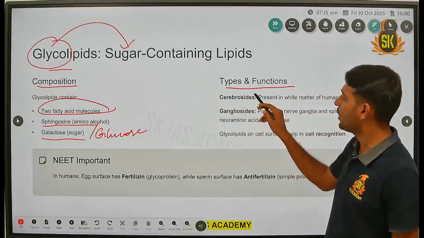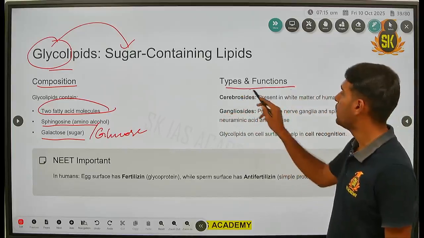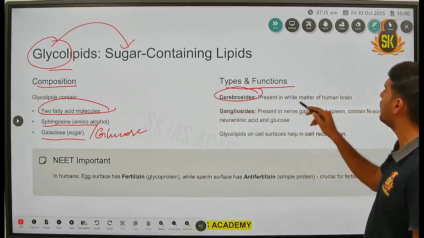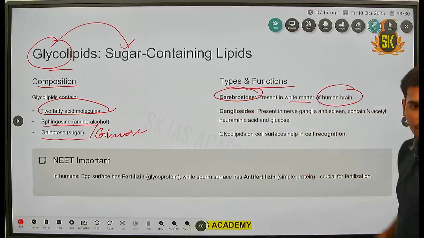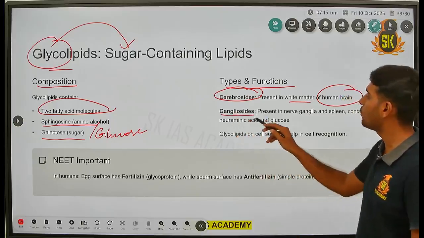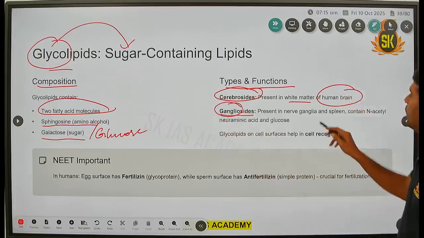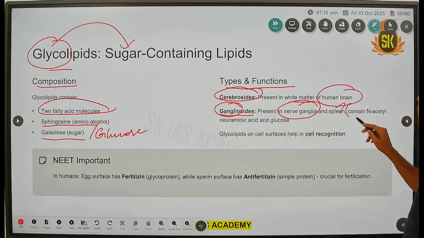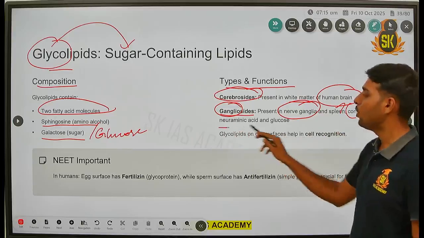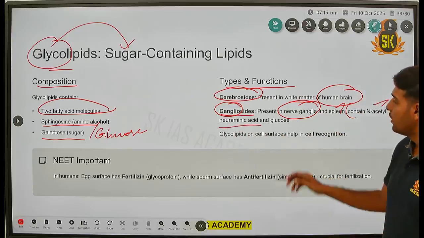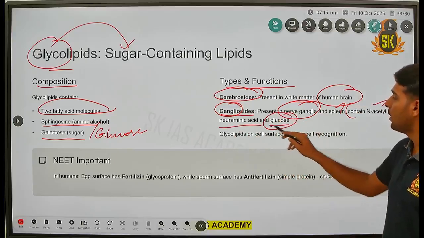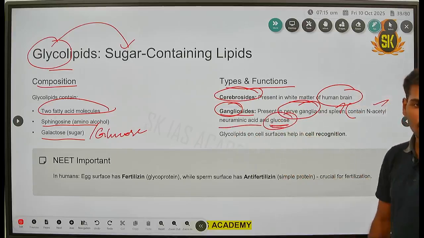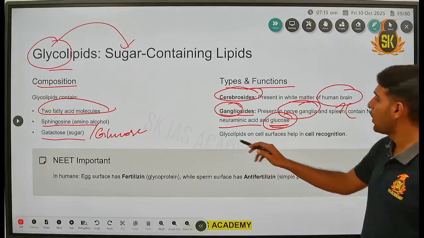Types, very important, a question may be asked. Cerebrosides are present in the white matter of the human brain. Gangliosides, ganglio meaning nerve, ganglia, spleen. It contains N-acetyl neuraminic acid and also glucose. See, here the sugar part is glucose.